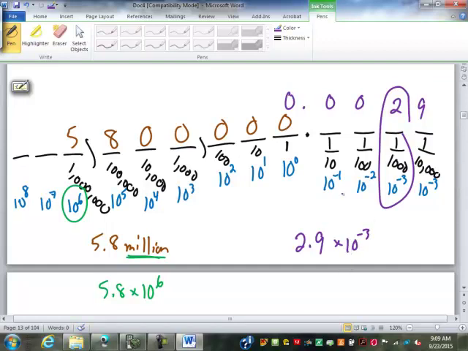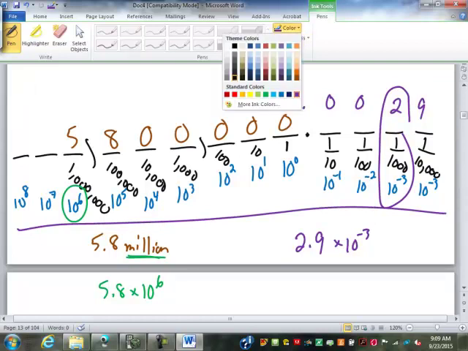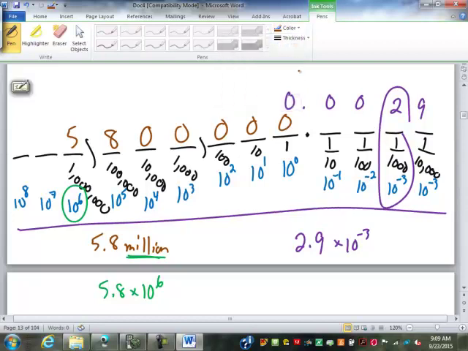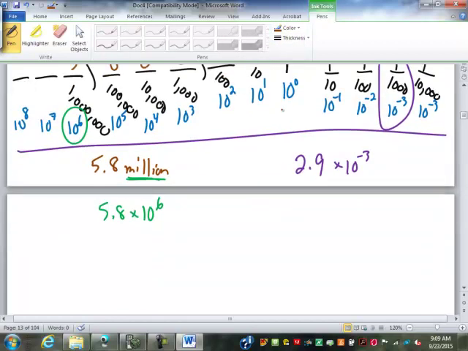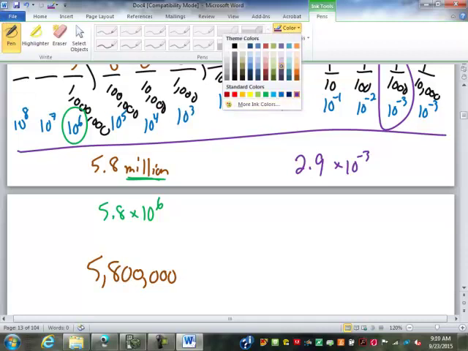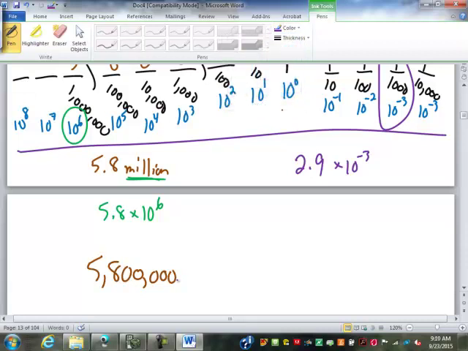Now, we don't really want to write out this number line every time we convert a number into scientific notation. So there's got to be a shortcut, and we've all seen it. Let's look at our 5.8 million. 5,800,000. Where is the decimal point in that right now? Well, it's not written, so that means it's at the end, right here.